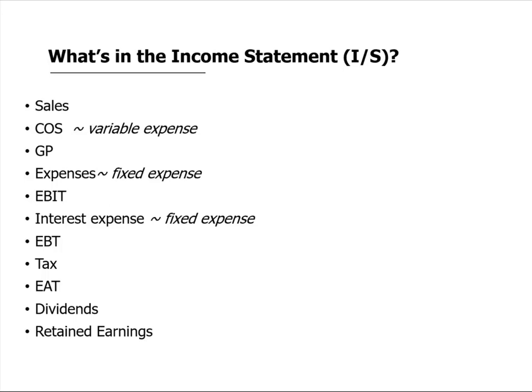And if you want to sell more goods, you have to produce more goods. And the cost of production, in essence, is represented by the cost of sales. So that's what makes this expense variable in nature, which suggests it changes in relation to the sales volumes that you sell.